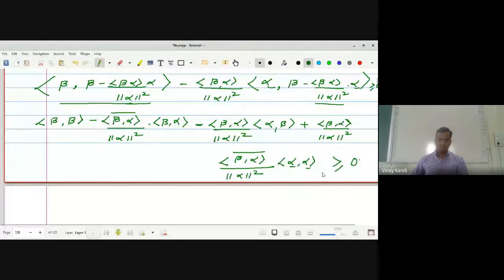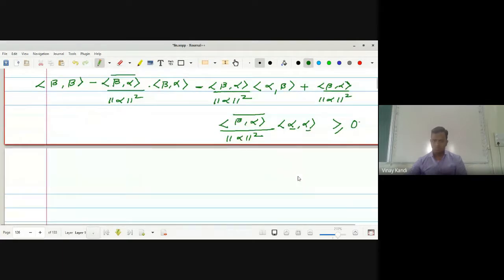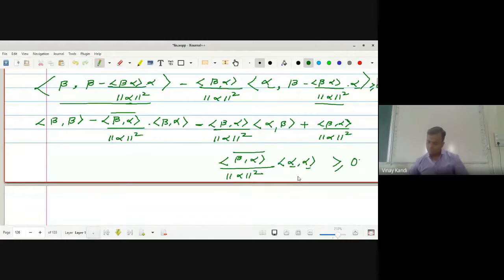Now look here. Wait a minute. Now this inner product of alpha with alpha is what? Norm of alpha square. So this value and this value get cancelled. Is it correct? Yes, sir.